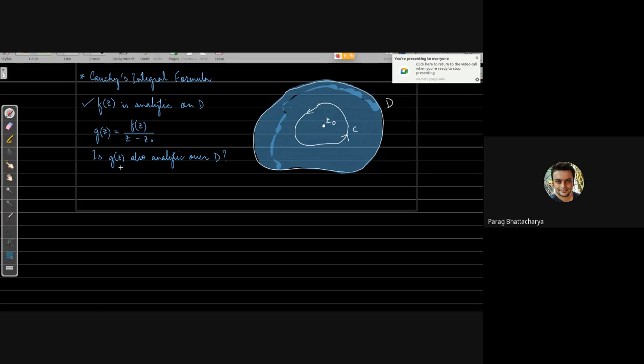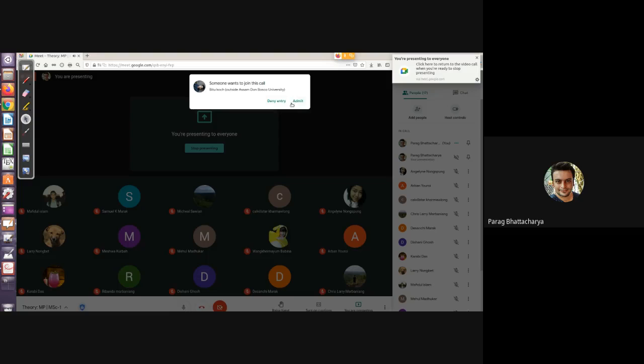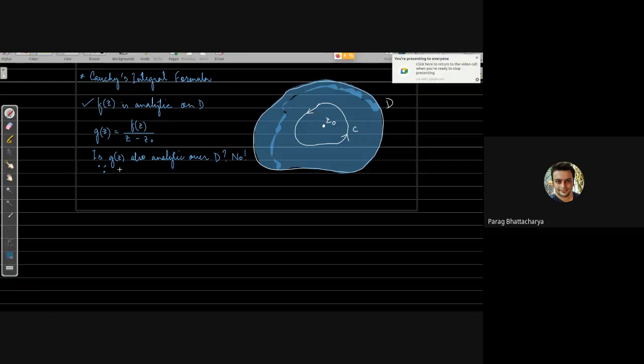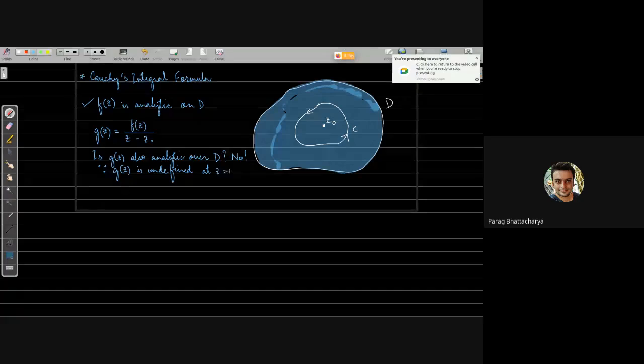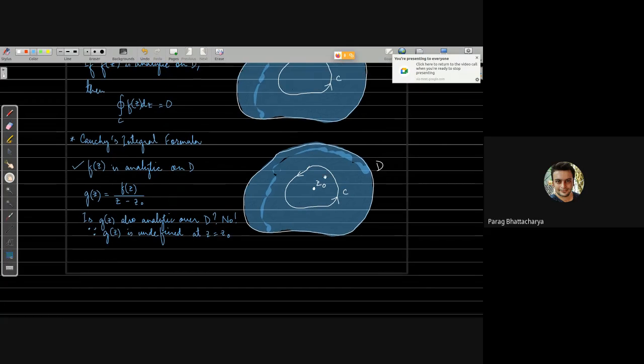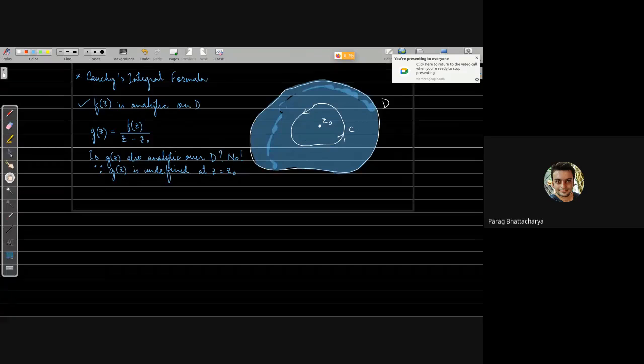Very good. The answer is no, of course, since g of z is undefined at z equals z naught. Because g of z is undefined, g is not analytic.